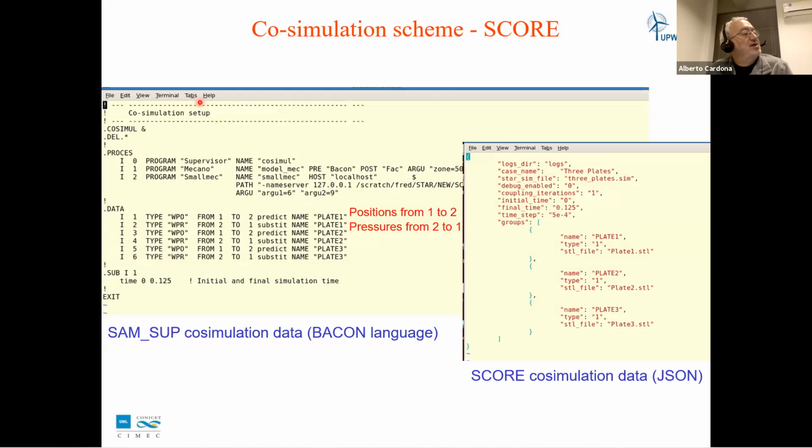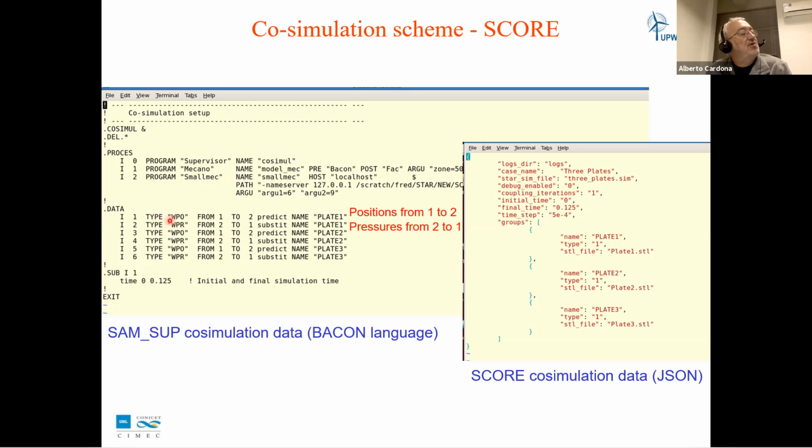In the language of the SAMSEF supervisor, this is described in this way. We have here sections in which we say the supervisor communicates the program 1 is Meccano, and the program 2 is the mechanical interface, which is named small mech.